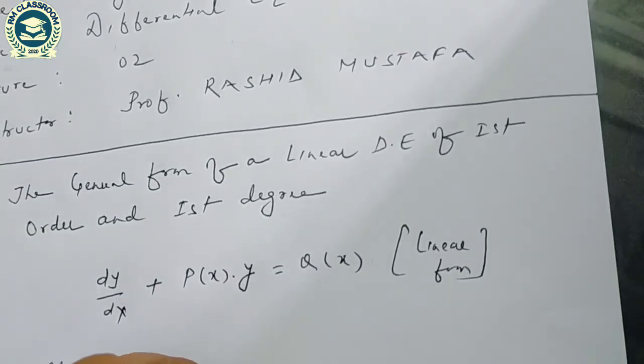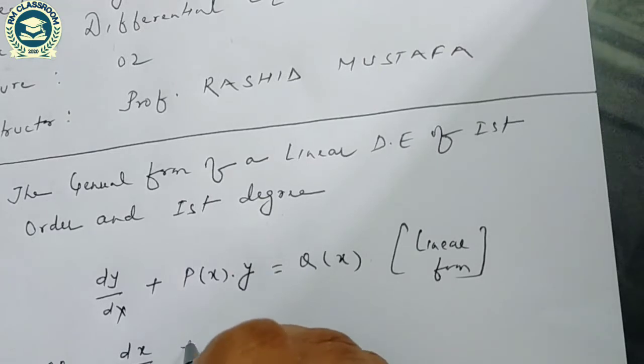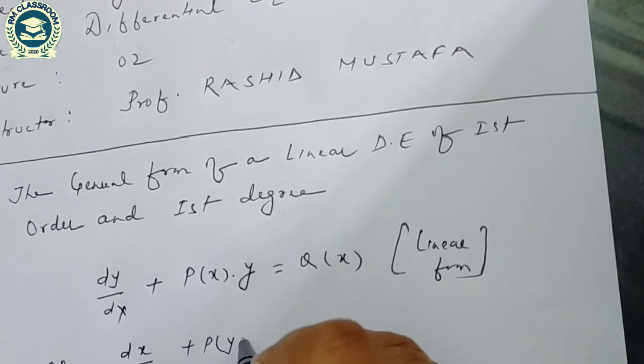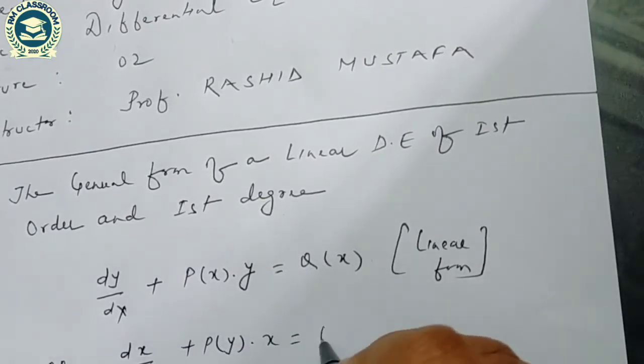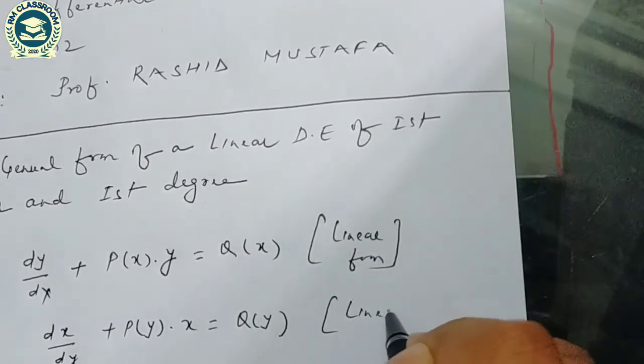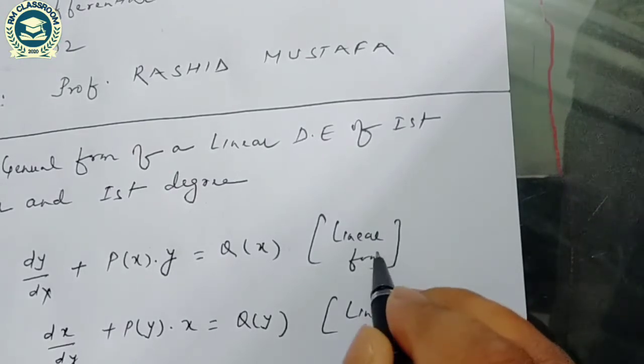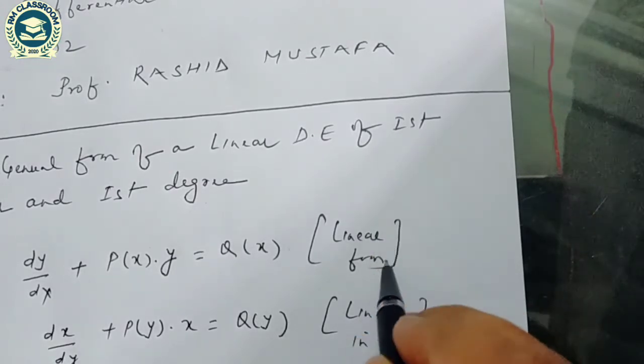Or it can be dx by dy plus P(y) into x is equal to Q(y). This is also a linear form, linear in x, and the first one is linear in y.